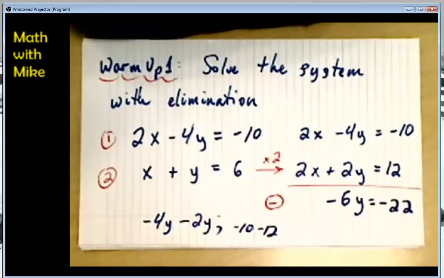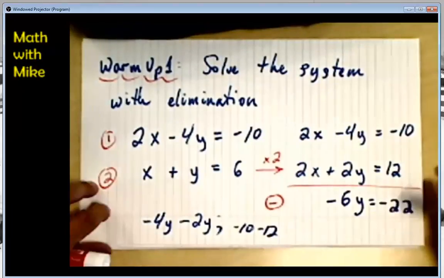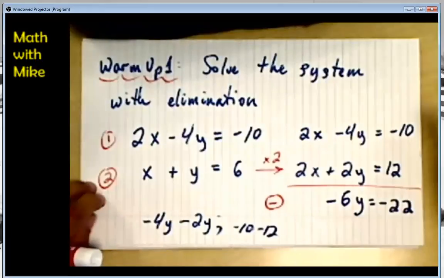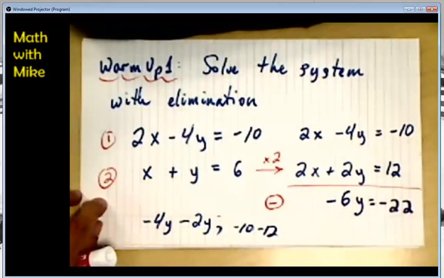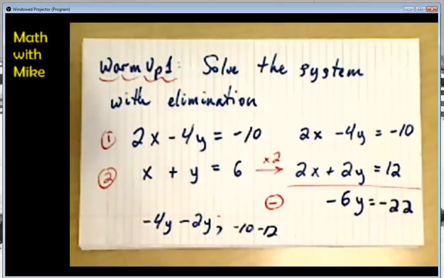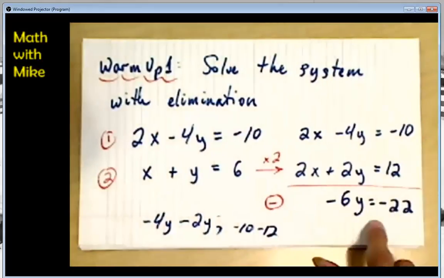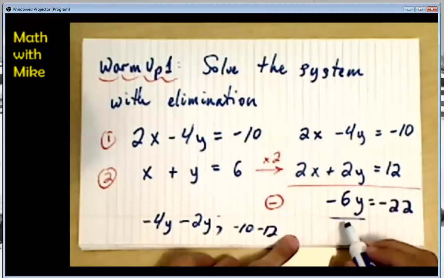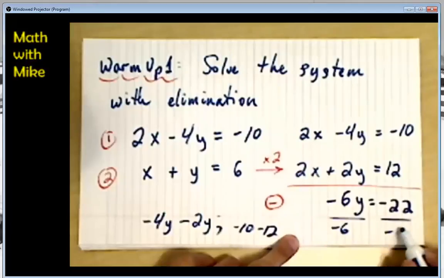What then do you do next, good people? Divide them by -6. Yeah, divide now by -6. 22 divided by -6.